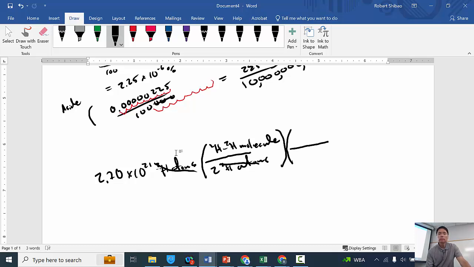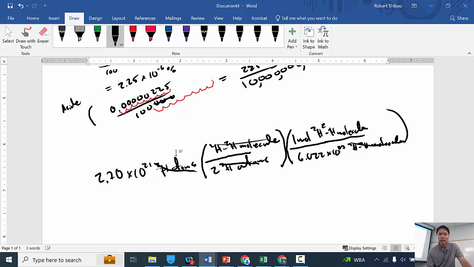1 mole of H2 molecules is 6.022 times 10 to the 23rd H2 molecules. Okay, so the individual molecules cancel out, and I'm left with moles of H2 molecules, and then where would I go from here?